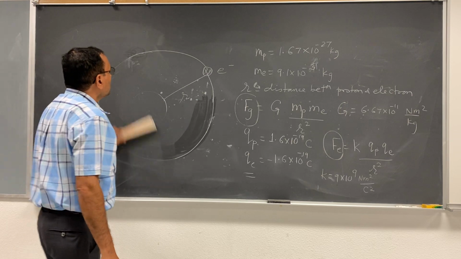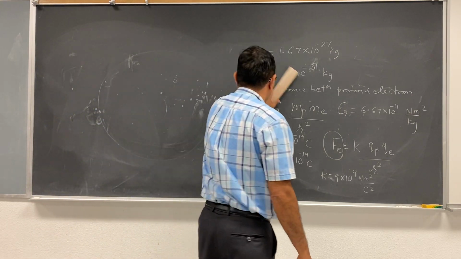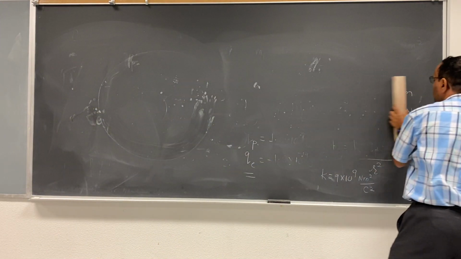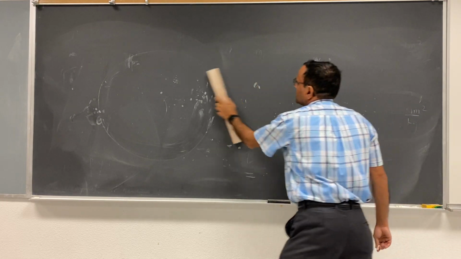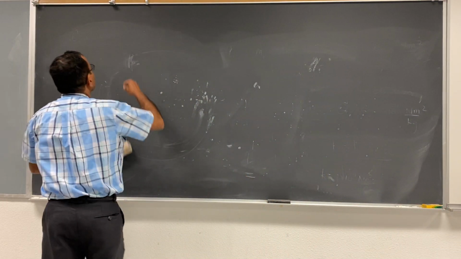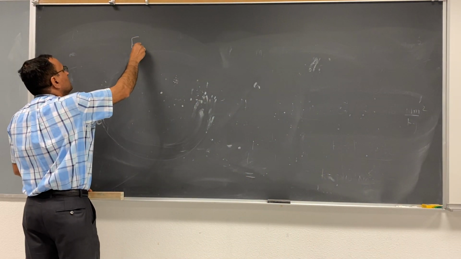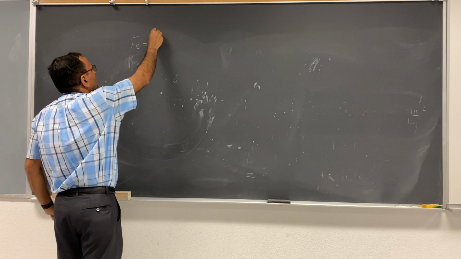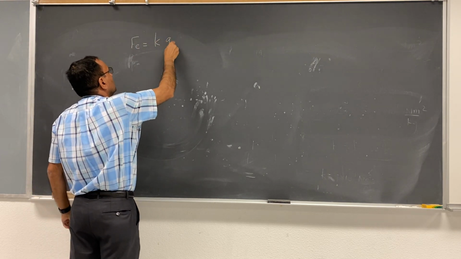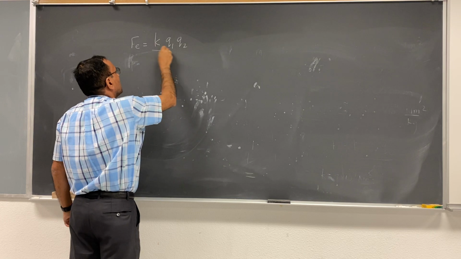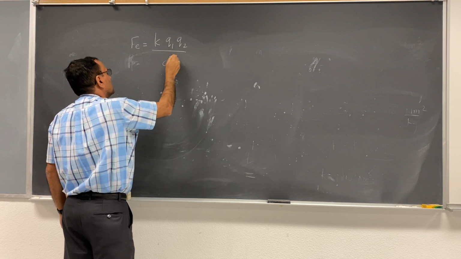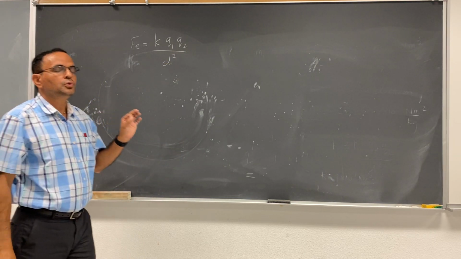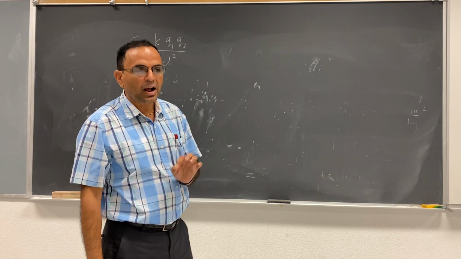Okay. So the Coulomb force formula gives you the magnitude. So look at this again. F of E is K Q1 Q2 divided by D square. This formula gives you the magnitude of the force between two charged particles.